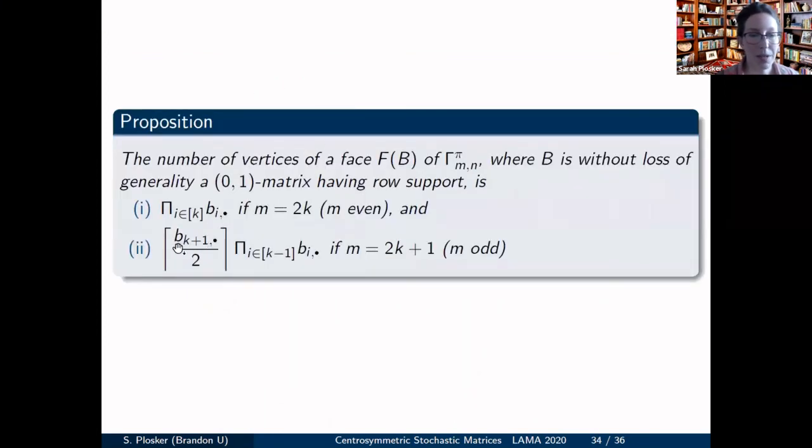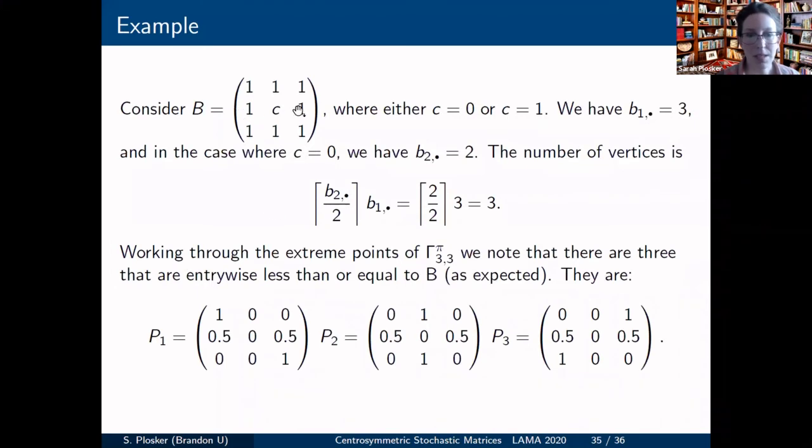And then we multiply it by the second row sum. k is 1, so 1 plus 1 is 2, so b2 dot divided by 2. b2 dot, we said, is 2: 1 plus 0 plus 1. Divided by 2 is 1. We take the ceiling, it doesn't matter, so we have 3. And working through the extreme points of the 3 by 3 centrosymmetric stochastic matrices, we see that there are precisely 3 that are entry-wise less than or equal to B. So these are them.